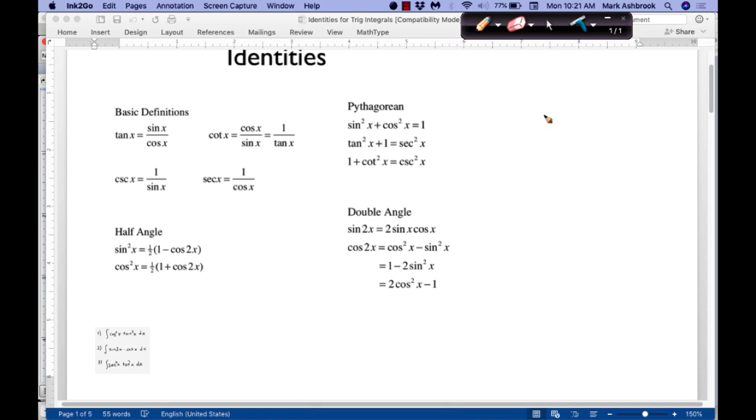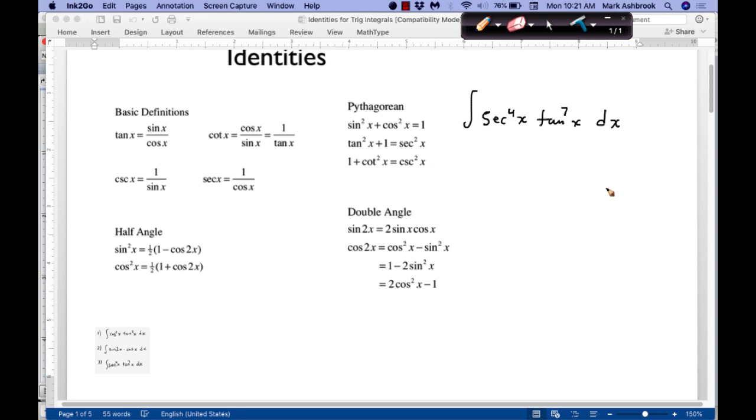Okay, so here's a harder one. So again, that's the goal with these. The goal is to rearrange, simplify, using identities and algebra to get something easy, or stage it for undoing the chain rule.